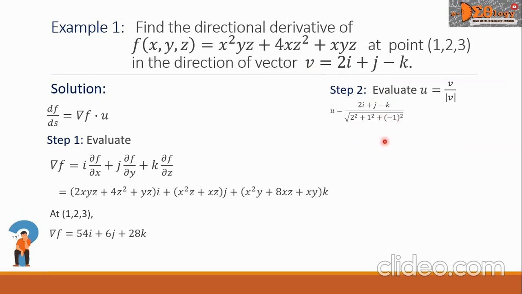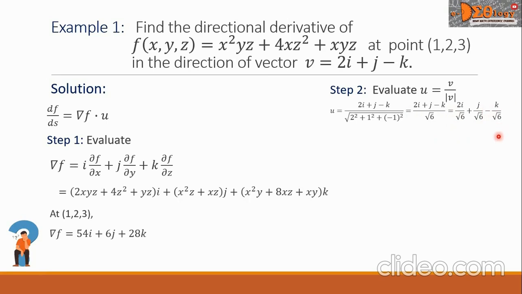We can simplify the denominator into square root of 6. Then let us distribute the square root of 6, the denominator, to each of the terms of the numerator. So we have 2i over square root of 6 plus j over square root of 6 minus k over square root of 6.